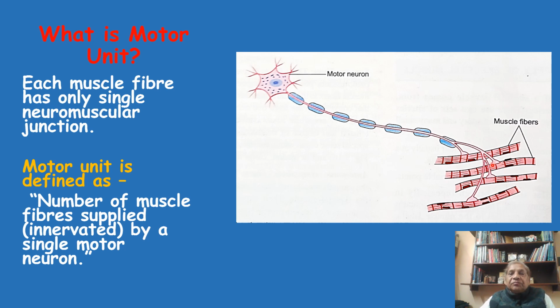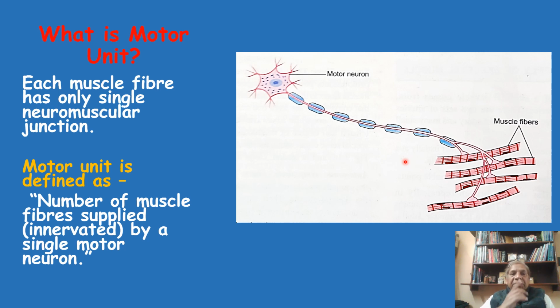Thus this single motor neuron is innervating at least 4 skeletal muscle fibers through the terminal branches of its axon. Now we have to learn what a motor unit is. Okay, what is a motor unit?